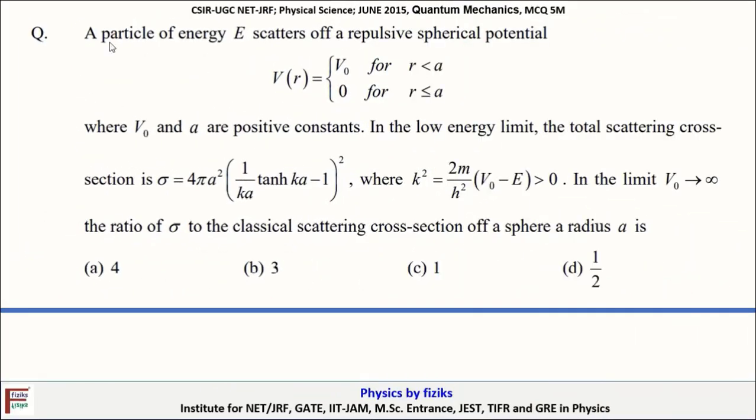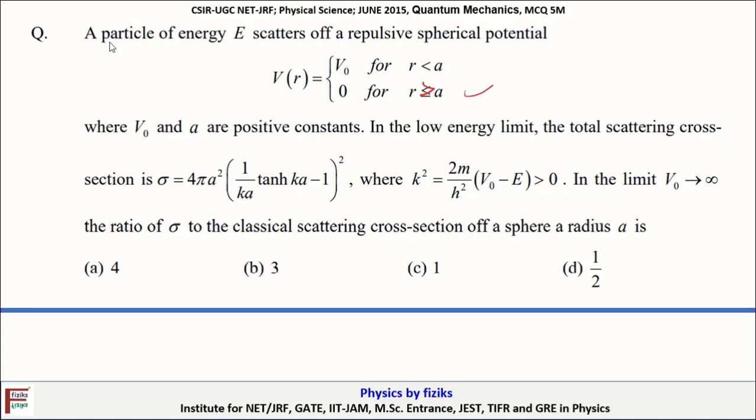A particle of energy E is scattered off a repulsive spherical potential defined by V(r) equals V naught for r less than a, 0 for r greater than or equal to a, where V naught and a are positive constants. In the low energy limit, the total scattering cross section is 4 pi a square (1 by ka tan ka minus 1) square, where k square equals 2m by h cross square (V naught minus E).